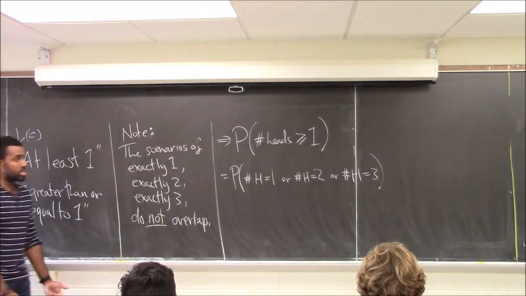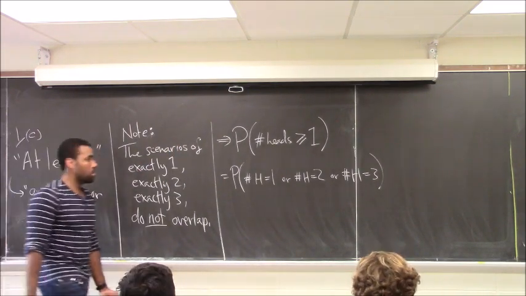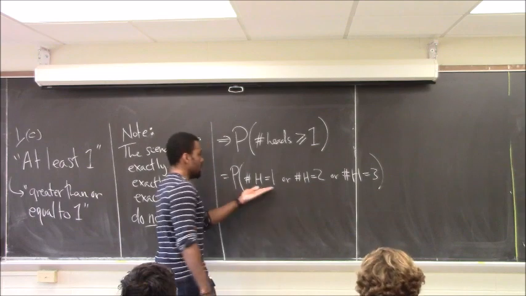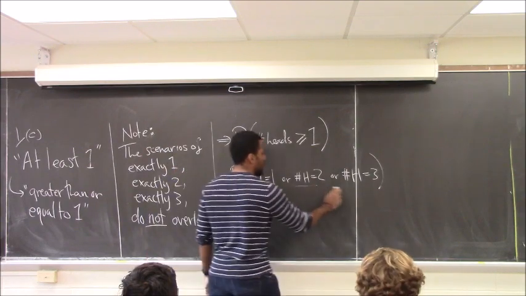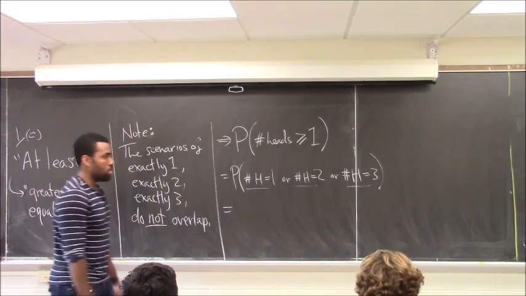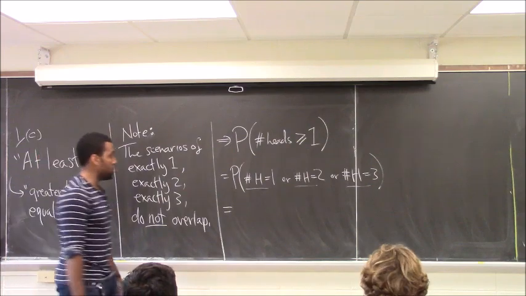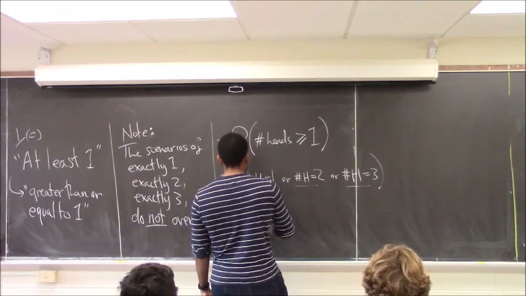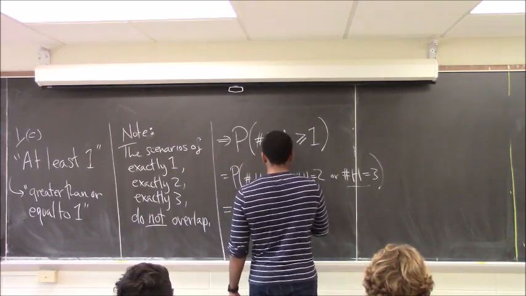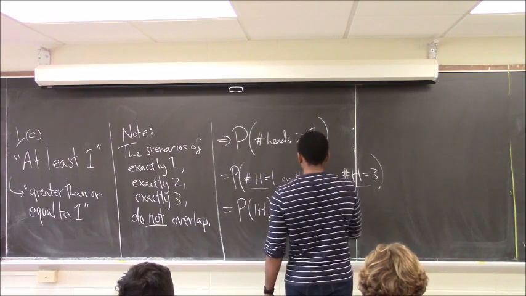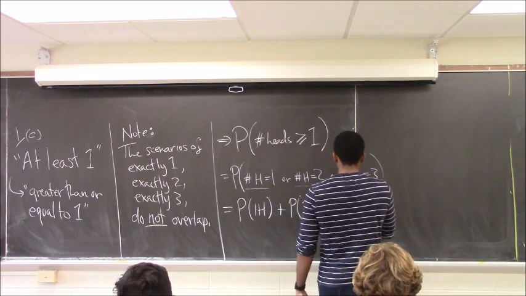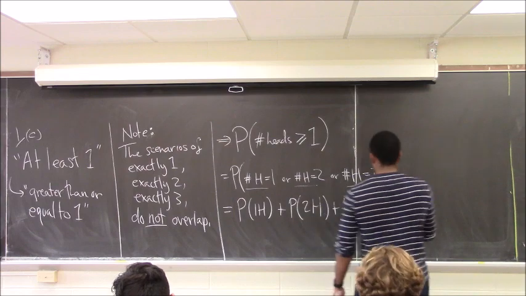We had an axiom of probability that said if each situation does not overlap, then the probability of OR is the sum of the probabilities. So this is the probability of getting one head plus the probability of getting two heads plus the probability of getting three heads.